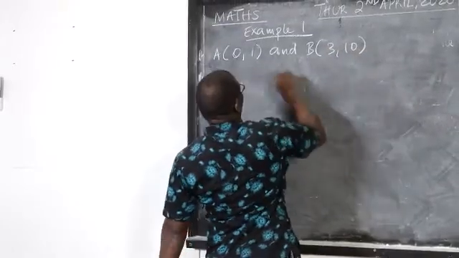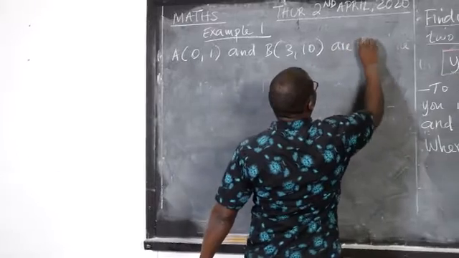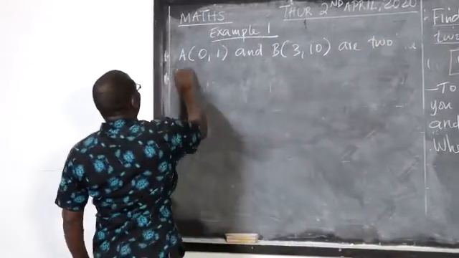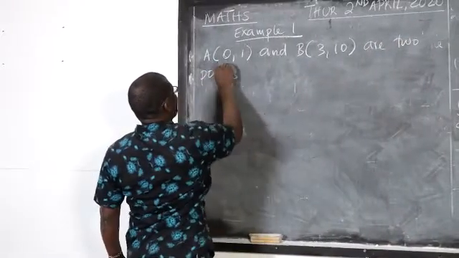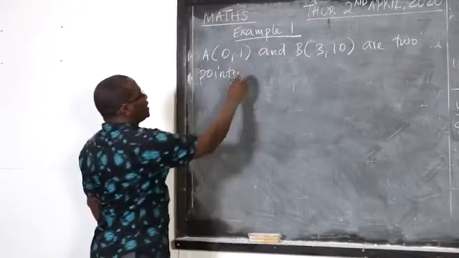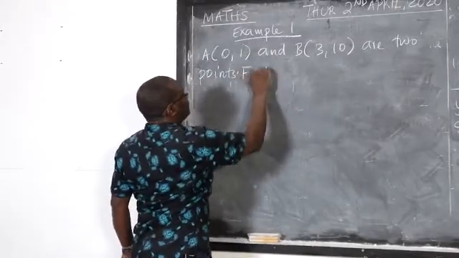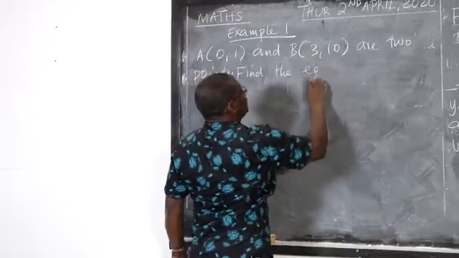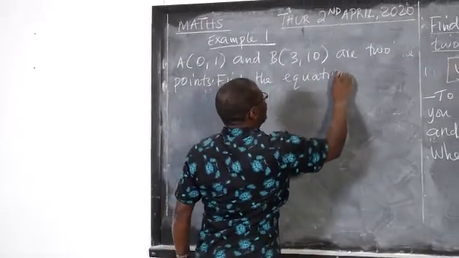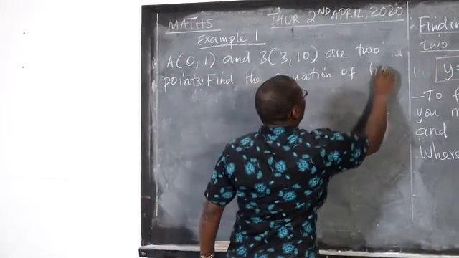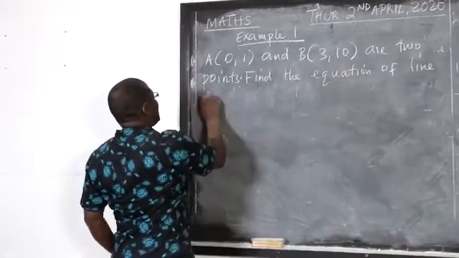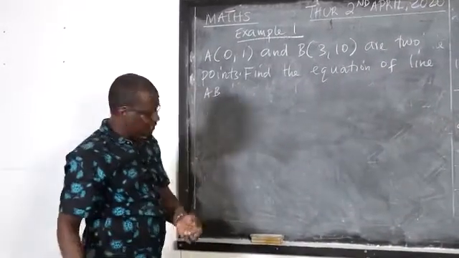So A and B are 2 points. And our question is: find the equation of line AB. That is the question.